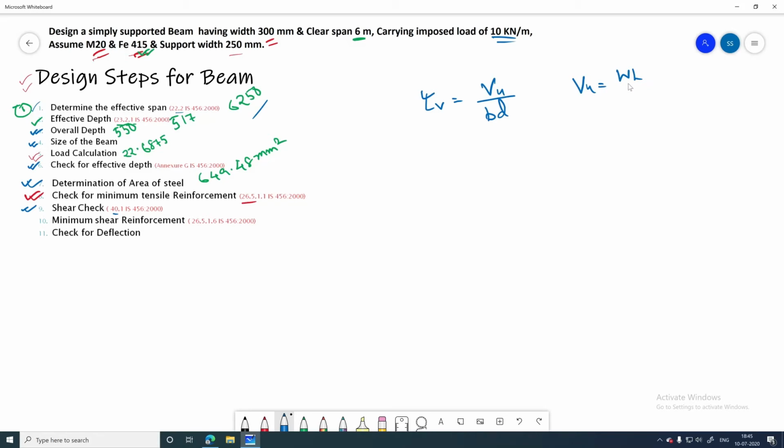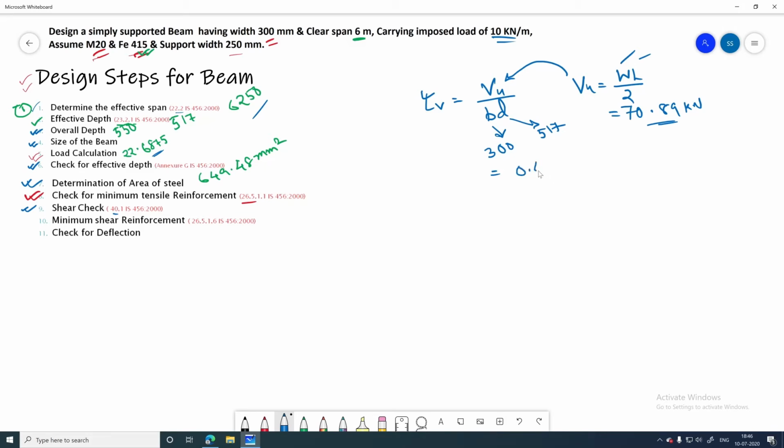Vu is equal to nothing but WL by 2, and it will be near about 70.89. You know the value of W, that is 22.6875, and L is here 6250. So you get the value 70.89. So you just put the Vu over here, and B is 300 and D is 517. So ultimately the value of tau v will be 0.45.